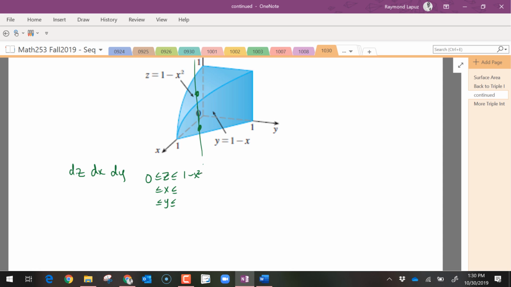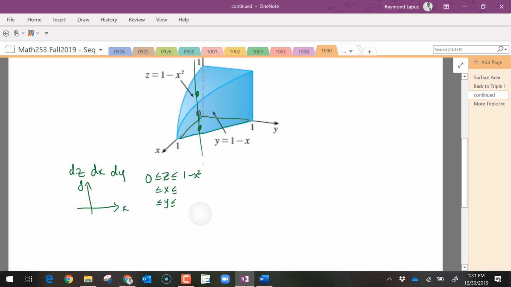All right, so that's our z. Now, after we take a look at that z and that's gone, we have x and y left. So we want to look at what happens on the xy plane. On the xy plane, you see this region over here, the triangle.